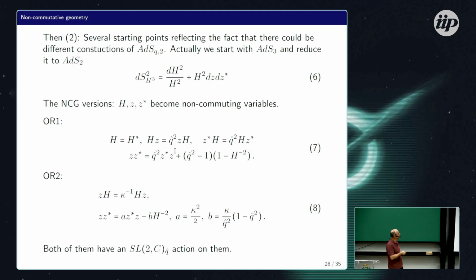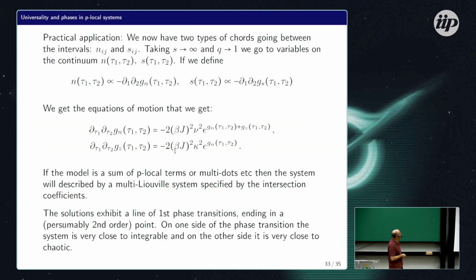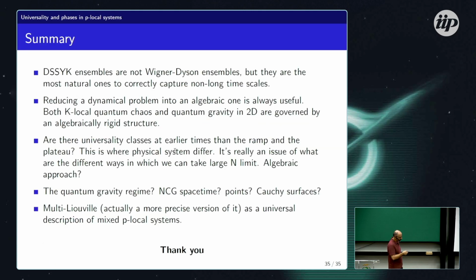We then do reductions to AdS2. These are ordinary coordinates. When you go to non-commutative geometry, you have these relations. The coordinates no longer commute. Your functions are polynomials in these symbols, and there's a non-trivial star product. But you can do the reduction and see that you exactly get it. This I'm not going to do.